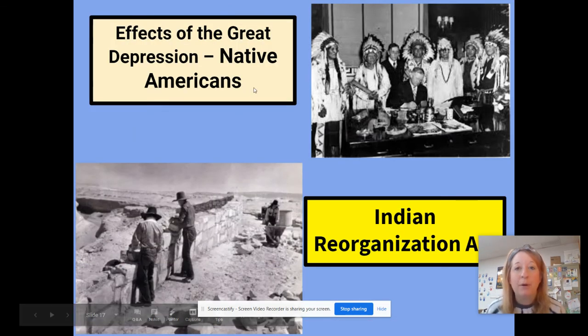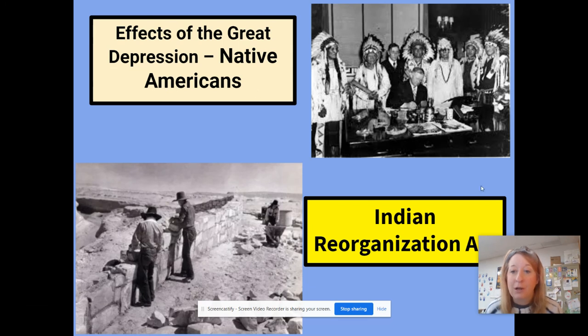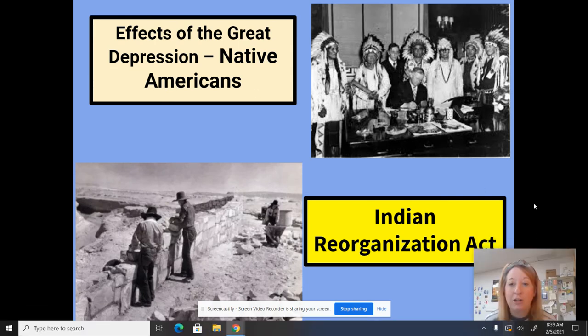Additionally, Native Americans actually do see some gains and some changes during this time period. There was a Bureau of Indian Affairs created in 1933, and one impact of that was the Indian Reorganization Act, which was created in 1934. This basically repealed the Dawes Act from previous chapters, if you guys remember.